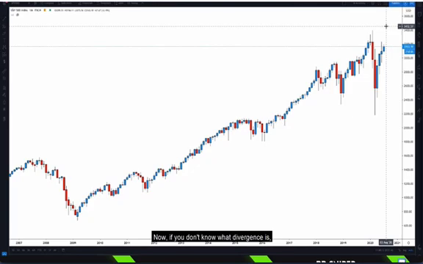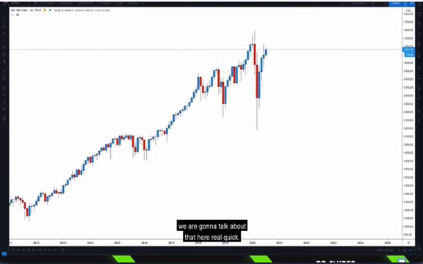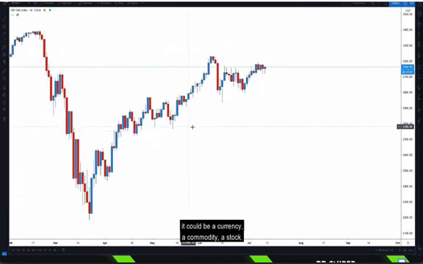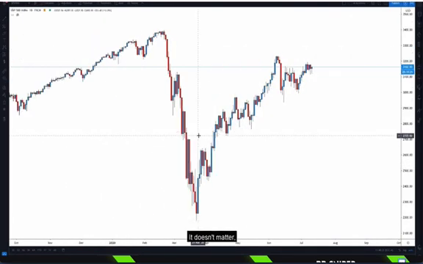Now, if you don't know what divergence is, we are going to talk about that here real quick. I want you to know that there are a couple of ways to look at divergence. Essentially, divergence is when the price of an asset, it could be a currency, a commodity, a stock, it doesn't matter, is moving in the opposite direction of a correlating chart or in the opposite direction of a technical indicator.